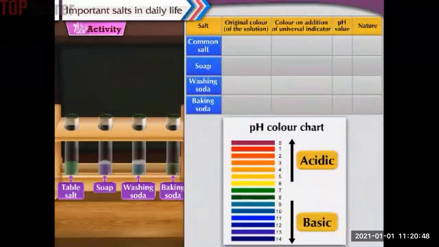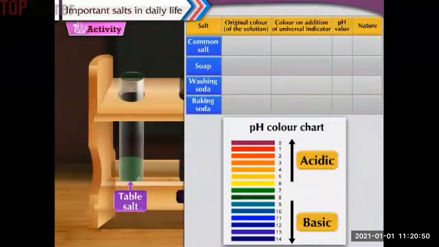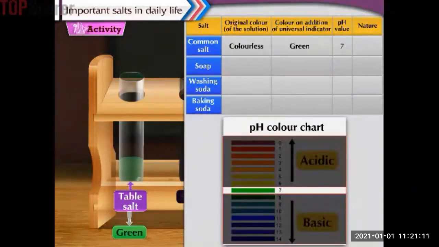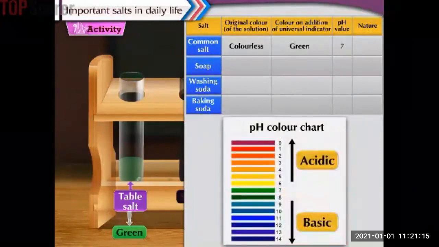We observe that the solution of table salt is originally colorless. On addition of the universal indicator, its color changes to green. On comparing this color with the pH color chart, we find that the pH of the solution of table salt is 7. We know that pH 7 indicates a neutral solution. This shows that the solution of table salt is neutral.